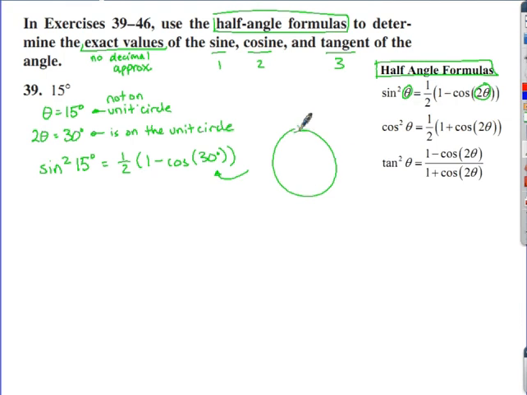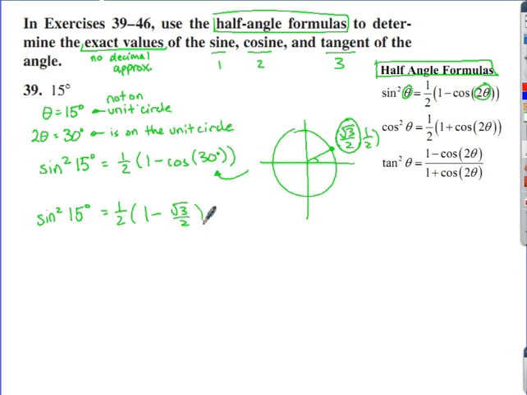Here's the unit circle, and here's 30 degrees. The cosine is the x-coordinate, which is √3/2. That's the cosine of 30 degrees. So we have sine squared 15 degrees equals 1/2 times (1 minus √3/2).